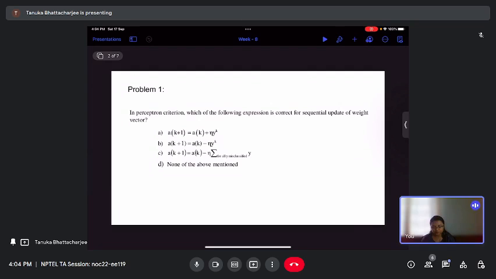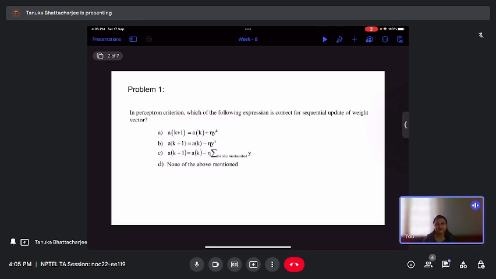So in the k plus 1th iteration, your solution vector a is given by a_k plus eta times y_k. Here eta is the learning rate, and in y_k we are considering augmented feature vectors.